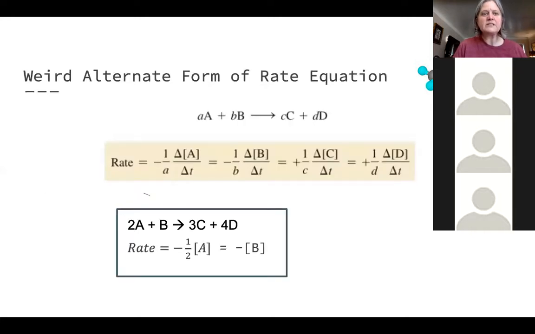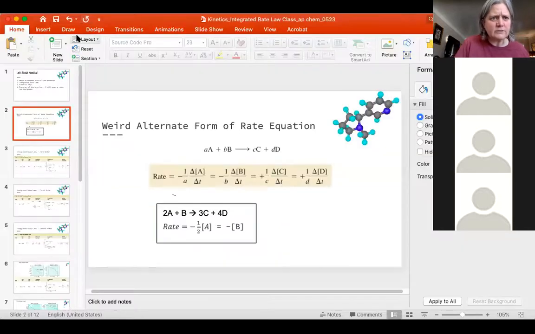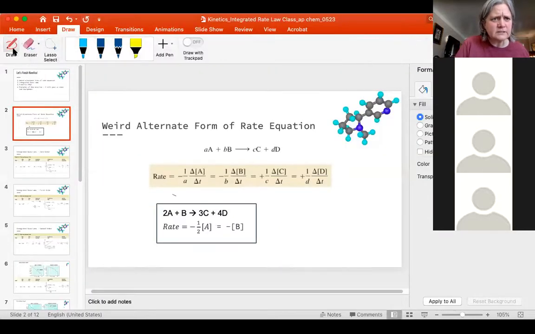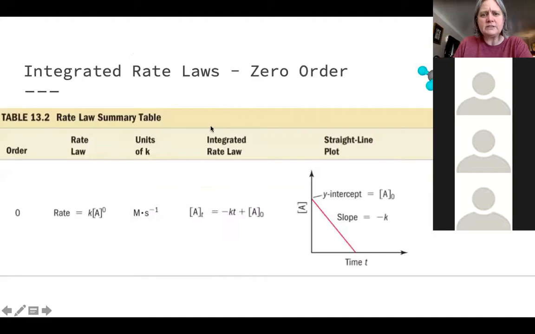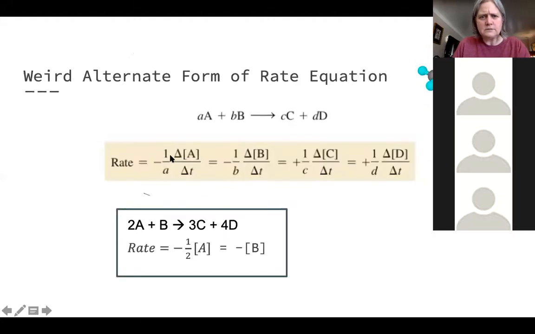Okay. So this alternate form of the rate equation, let's see, I'm about to turn on draw for this thing. Okay, so here's this generic form of this equation. I'll put it in draw.